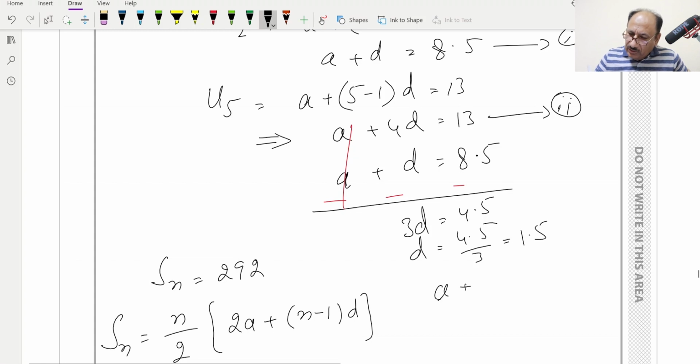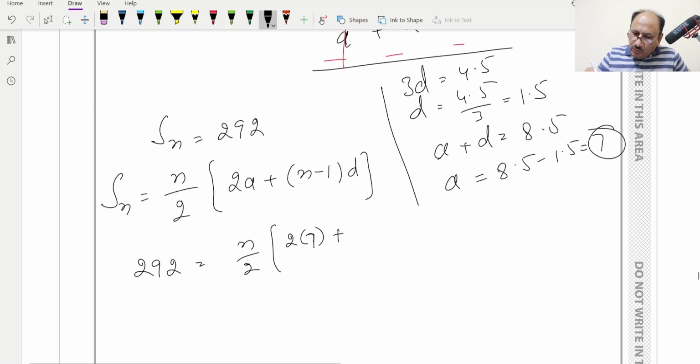So we will first find a plus d is equal to 8.5, so a is equal to 8.5 minus 1.5, which is equal to 7. This value of a we are using over here, and this will be n minus 1 into d, and d is 1.5. And now we can simplify.